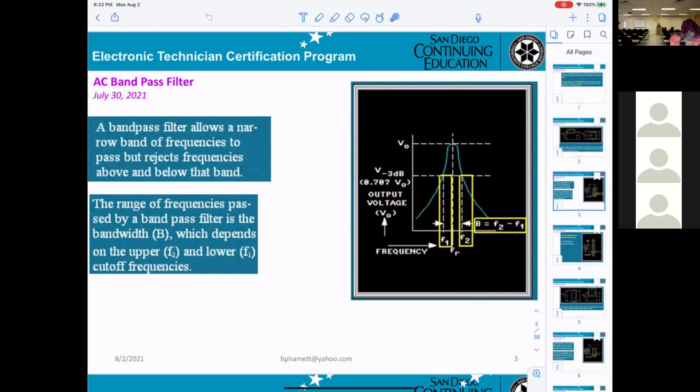Sometimes they can ask you what is the bandwidth, from what to what, for this display. So band pass allows only signals with a frequency higher than F1 and less than F2 to pass. Any frequency less than F1 or higher than F2 will be stopped.